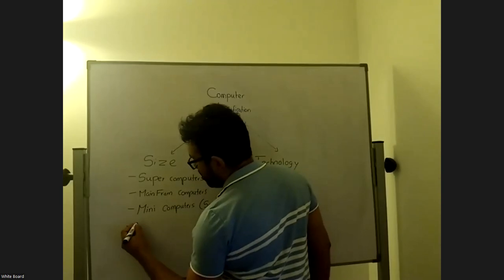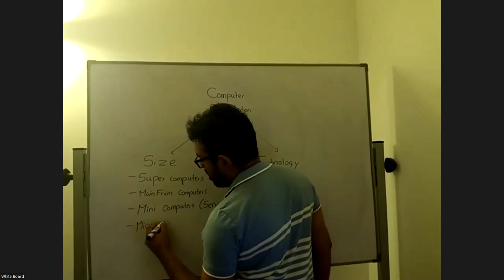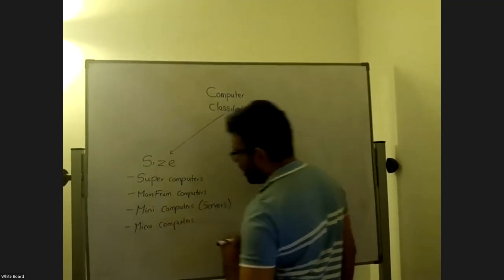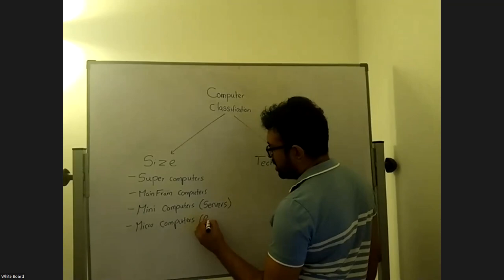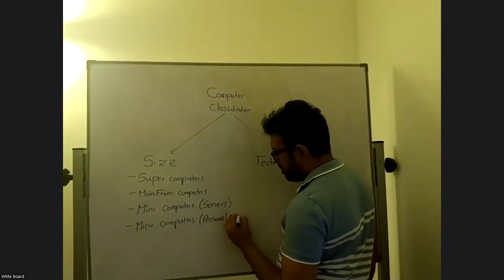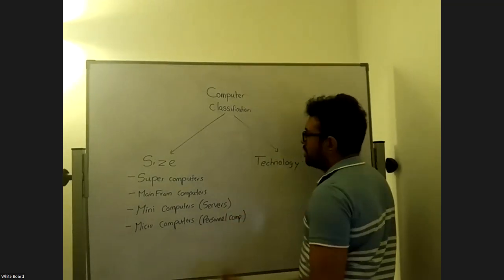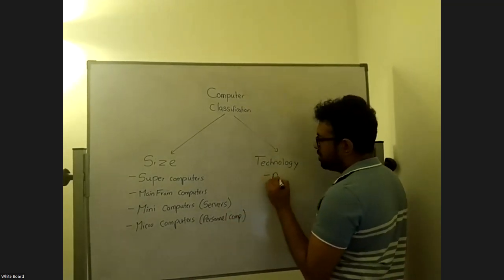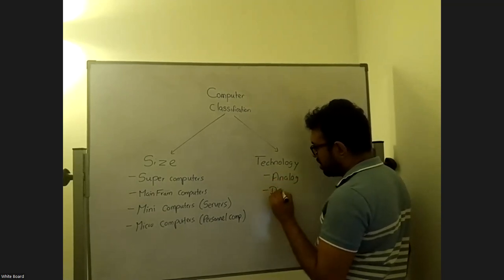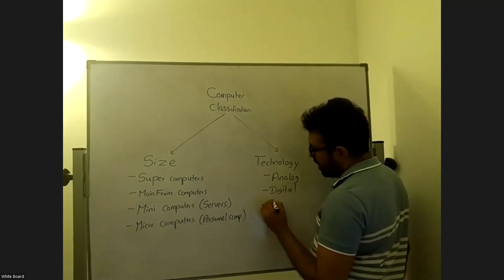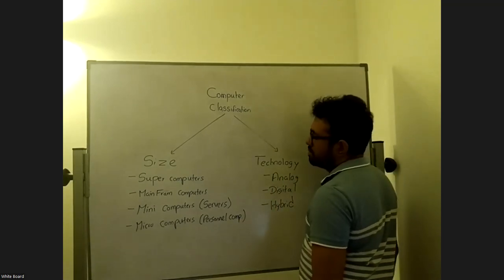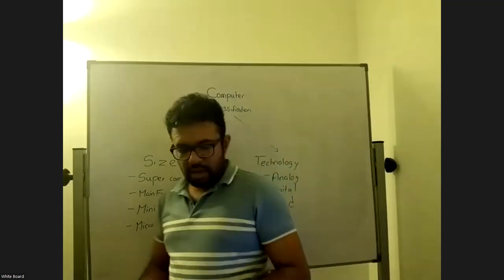And finally, microcomputers, and we call them personal computers. Technology is going to be analog computers, digital, and hybrid. Right? Draw this chart.